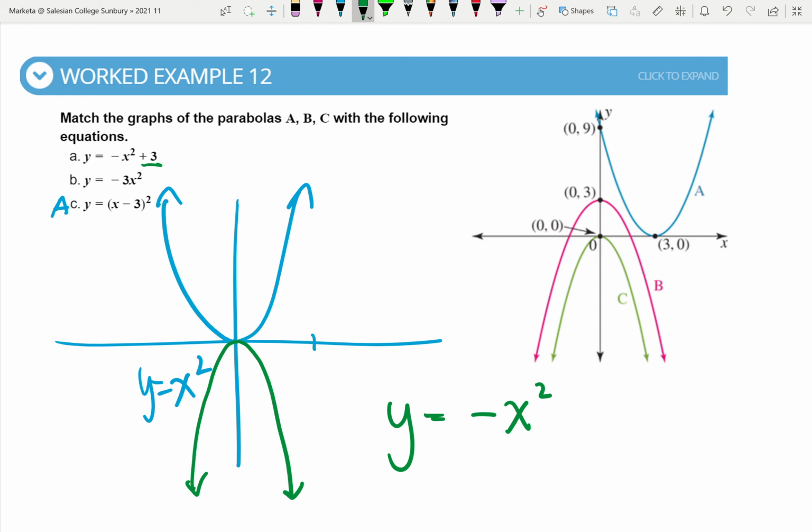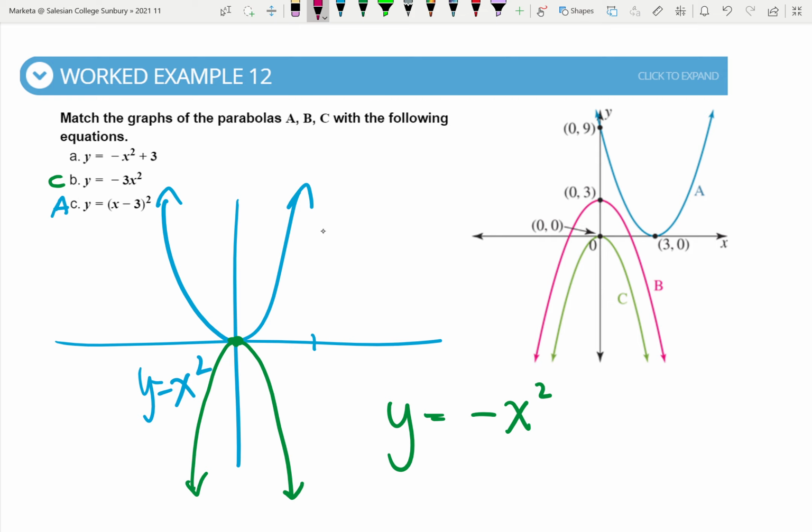And it's certainly not this because that moves up from here, that would move up to 3. So it's definitely not A, it has to be B. And this 3 here represents a dilation. So it could be that the green graph is dilated, so it's skinnier than the original parent graph. So this means that graph C will match with example B there.